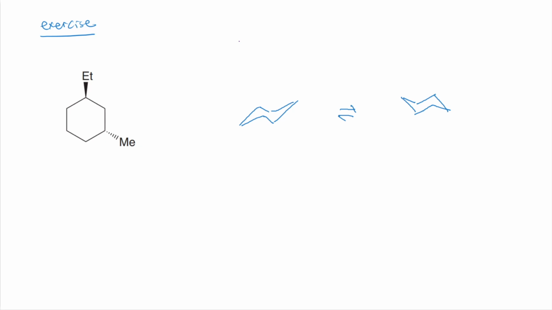Assume that the heaviest group goes to the equatorial position. And then if that one's on the equatorial, then the other one has to be on the axial position. Yes, they have to be like one up and one down. Okay. So for this one, we want to draw this one, we put it on this carbon, so it's pointing up.